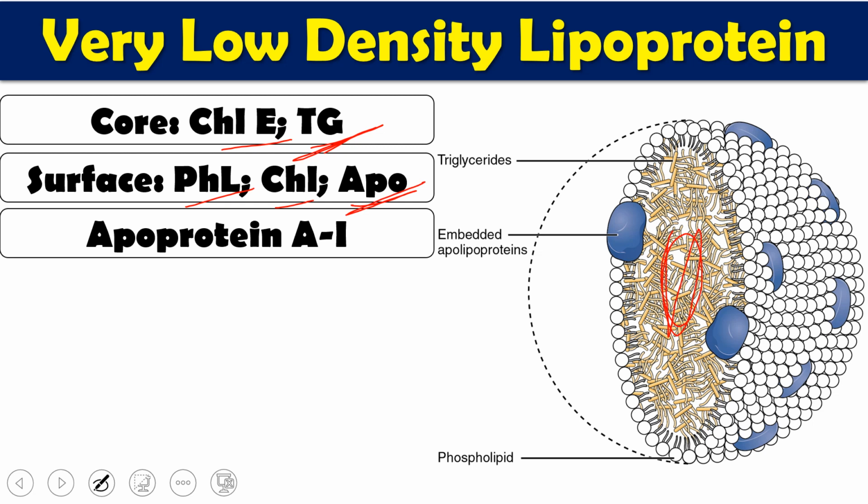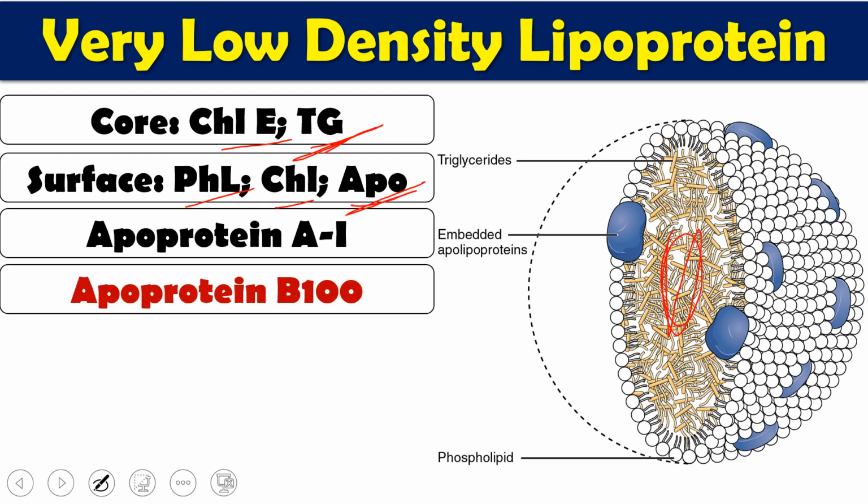First it has apoprotein A1, then A2, then A4, and the most important apoprotein it has is B100. In the case of chylomicron, I told you it has B48. The 48 and 100 indicate how much of the B gene product it has. This gene gives a protein called B protein.